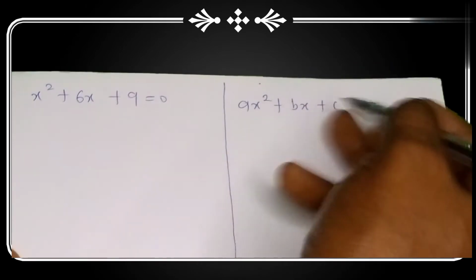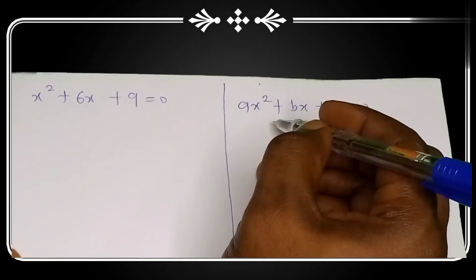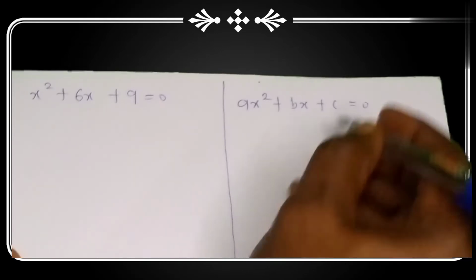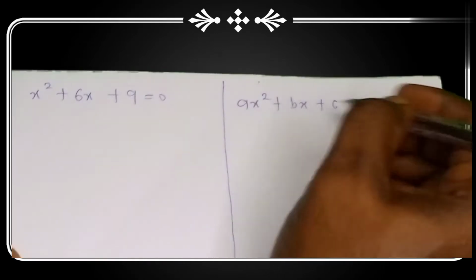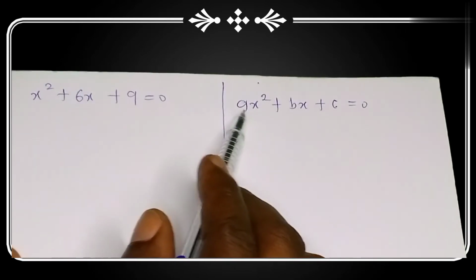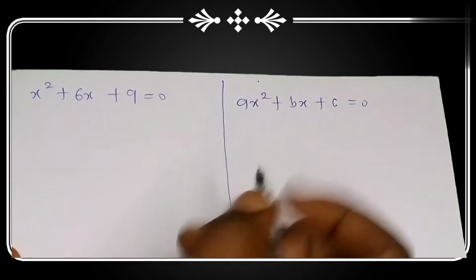So let us look at this as a quadratic equation being solved by the means of perfect square method, just to explain perfect square in theory. Now, we have to reduce the coefficient of x squared to 1.